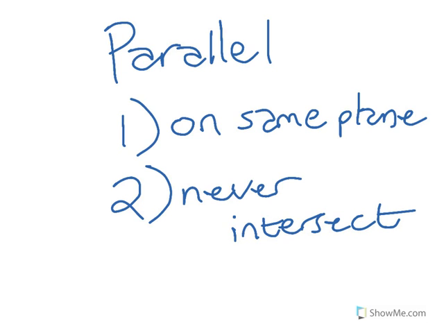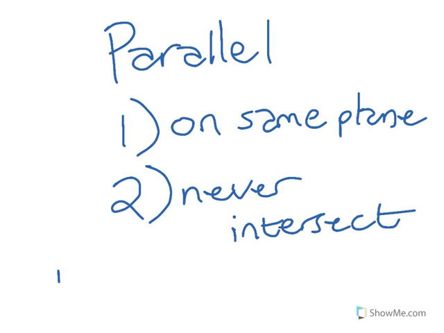Let's think about what it means for that to happen, though. If two lines on the same plane never intersect, that means that they are both headed in exactly the same direction. What quantity that we're familiar with describes the direction of a line?